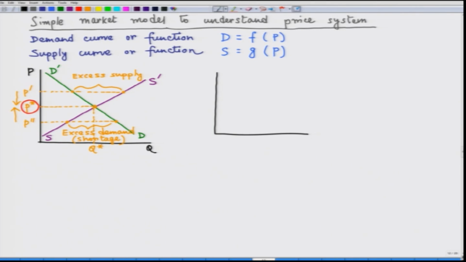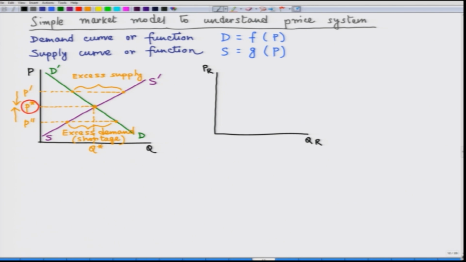In this case we are going to study the case of rice. I am denoting QR as the quantity of rice being bought and sold in the market, and PR denotes the price of rice.